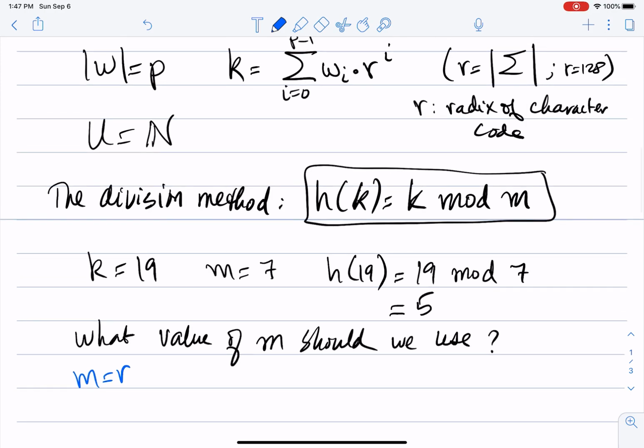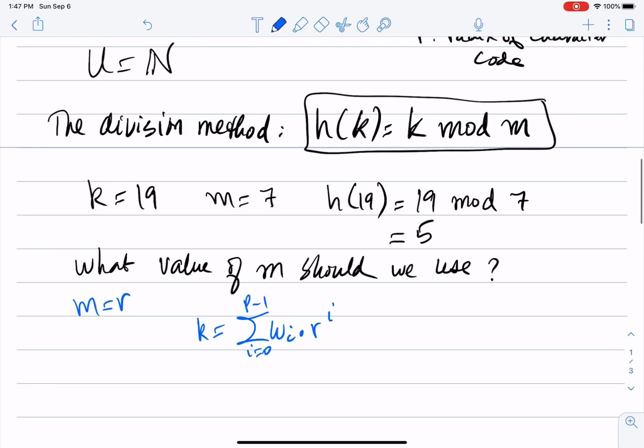Remember that k is the sum of w_i times r to the i, for i equals 0 to p minus 1.